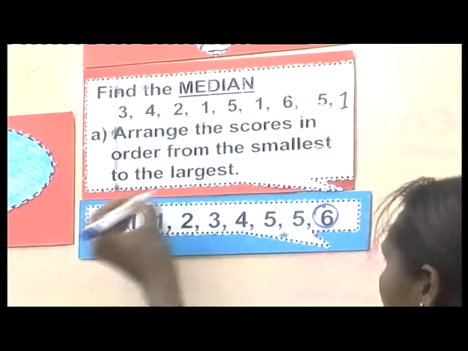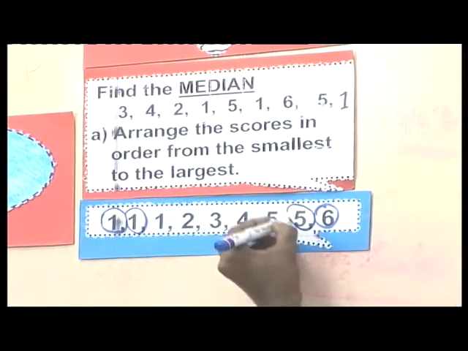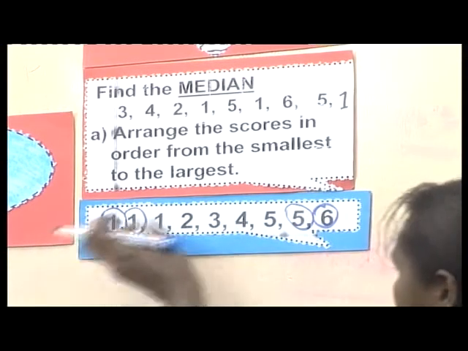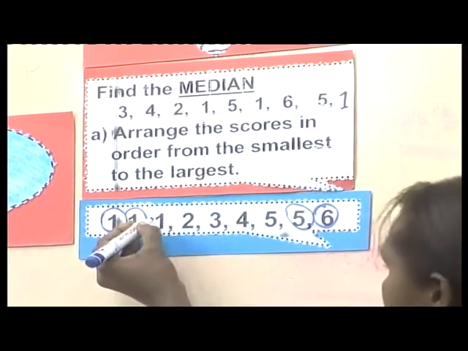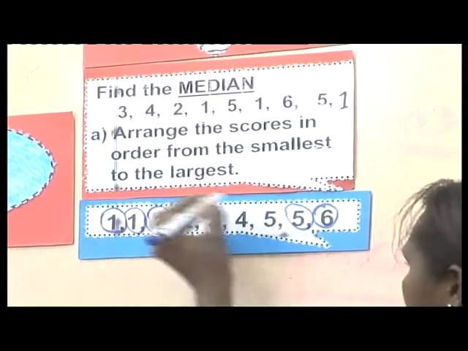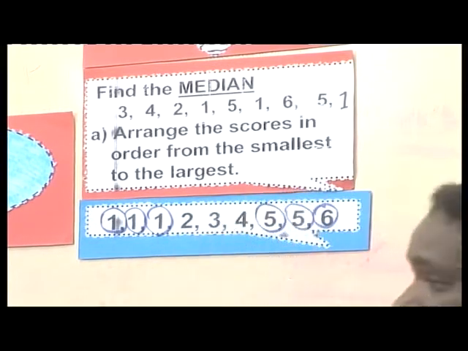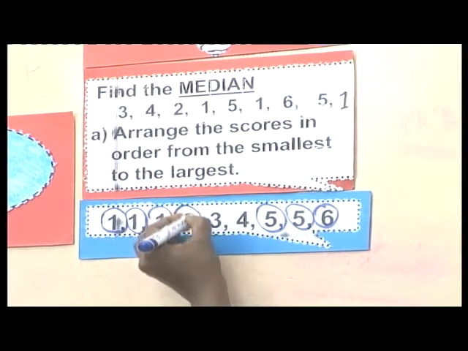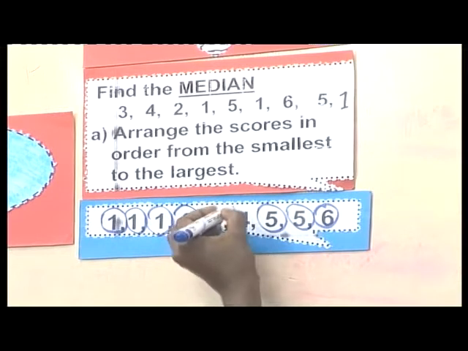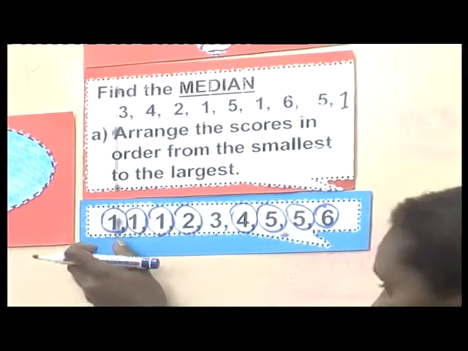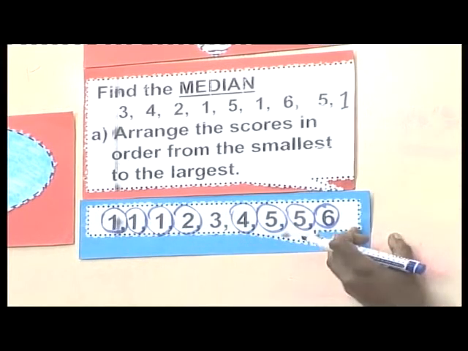Every time when you circle one, you have to circle another one, so it balances out. Are you following, class and receiving students? So we have 2 down here, 2 down here. Let's continue. 1 here, and then we have 5. How many down so far? 3 down. We have another 1, 2, and then we have 4. So we have 4 on this side and 4 on this side.